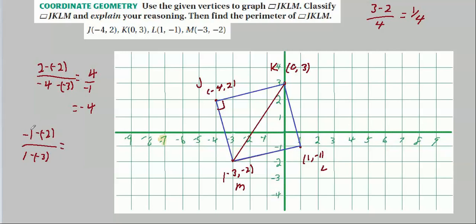Minus 1 plus 2 is 1. 1 plus 3, that's 4. Okay, now we're definitely sure. If we weren't supposed to assume it, we just proved it. These two are parallel.